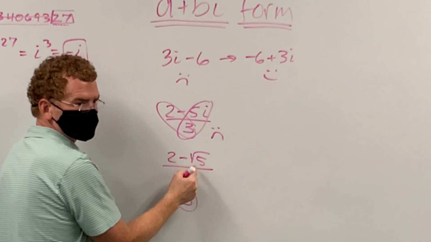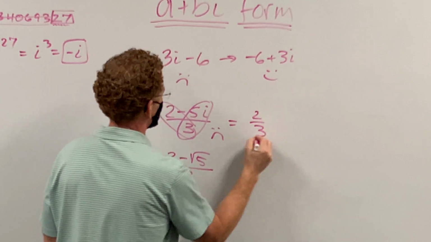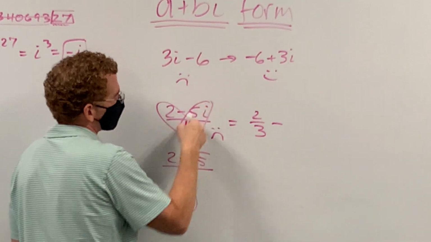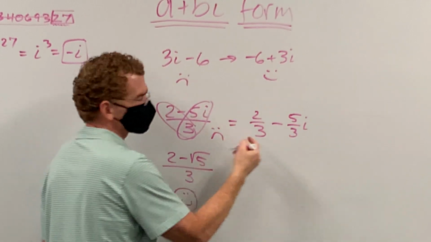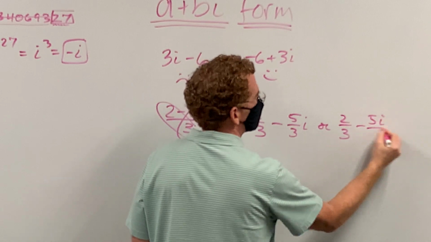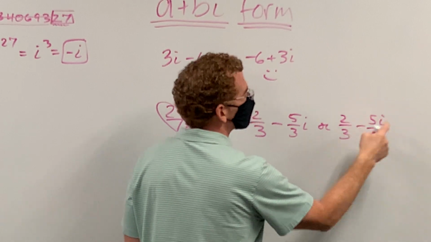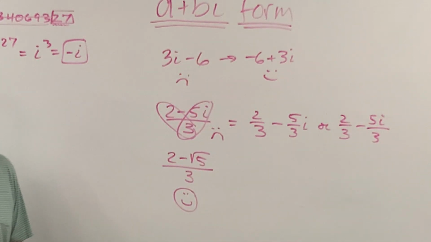Right? A plus b over c is a over c plus b over c. So 2/3 minus 5/3 i. And here's where you have two options. You can write it like that, or 2/3 minus 5i over 3. So either one of those is okay. i out to the side or i on top. Y'all with me?